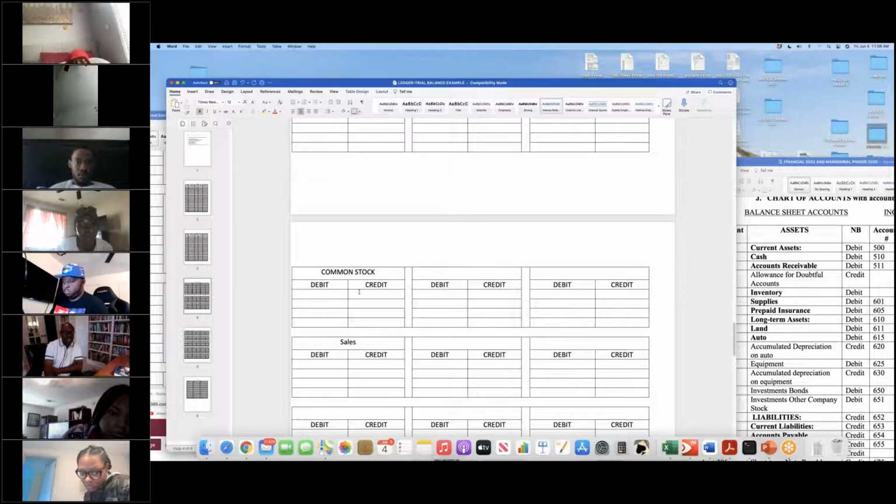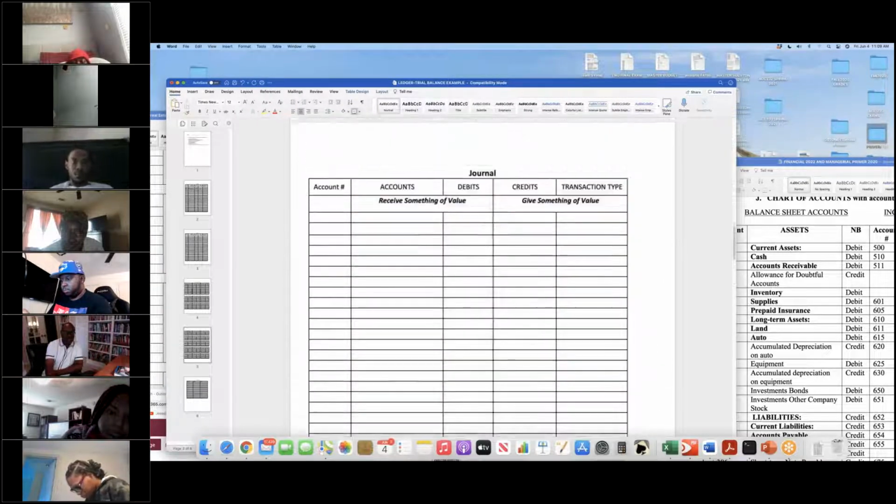Now I'm going to go to common stock and go on the credit side, 10,000. We're going to put the 1 in again, so that we know that we have both the debit and the credit posted for that entry.